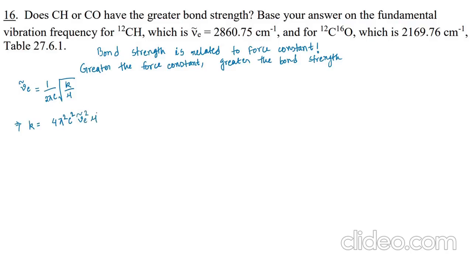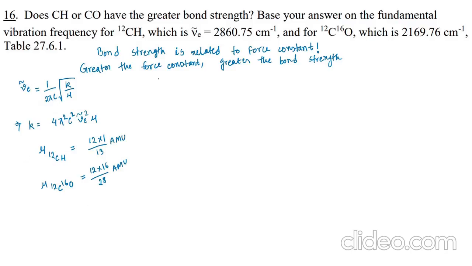So see, what is mu for 12CH? 12 into 1 by 13 amu. What is mu for 12C16O? 12 into 16 by 28 amu, which is, let it be like that.